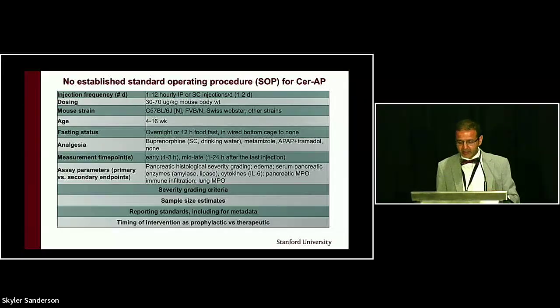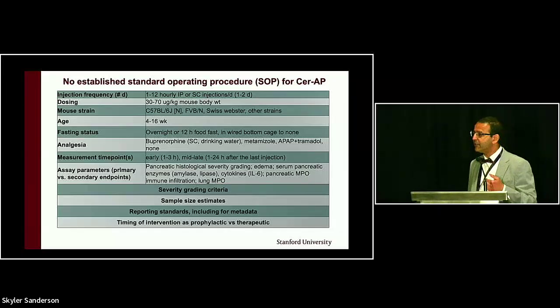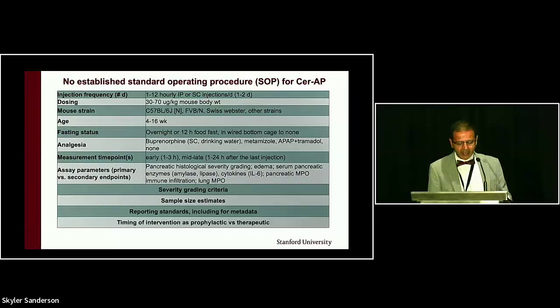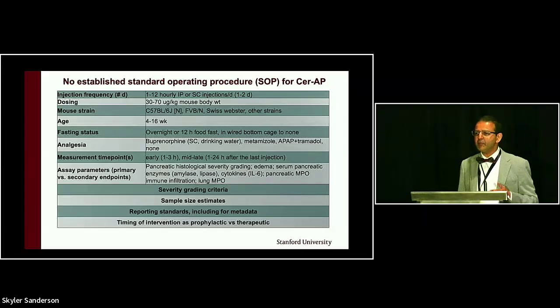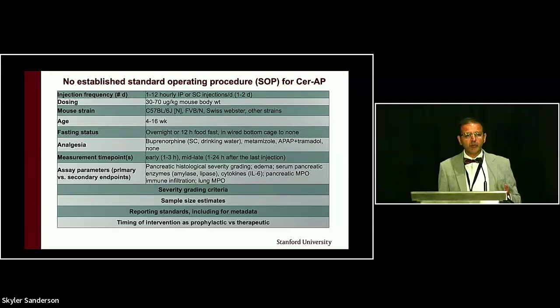And they include, as discussed, injection frequency, the number of days of induction, dosing, the mouse strain that's used, which may have an effect on the outcome, the age of the mice, fasting status, analgesia given, if any, measurement time points, assay parameters, including what the primary versus secondary endpoints are, differences in various grading severity scores, and different statements about sample size estimates, variable reporting standards, including for metadata, which is increasingly becoming more important, and even variability in the timing of an experimental intervention.